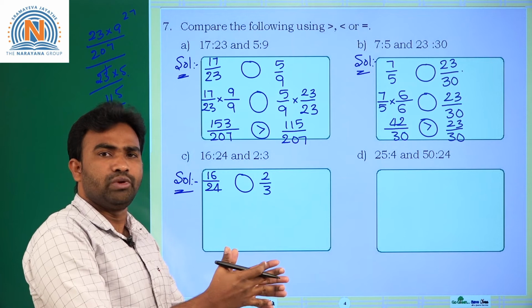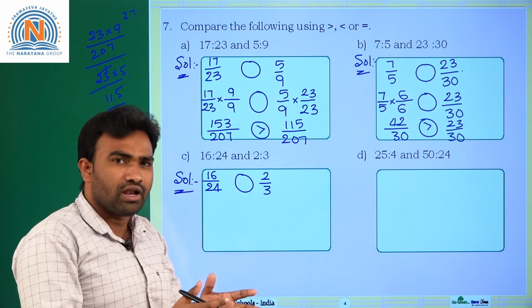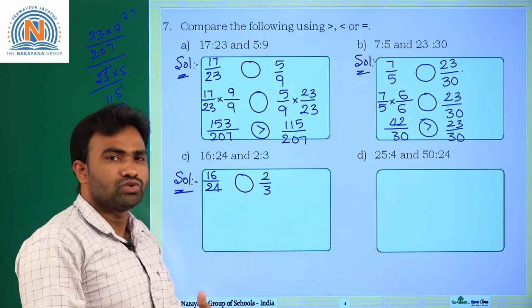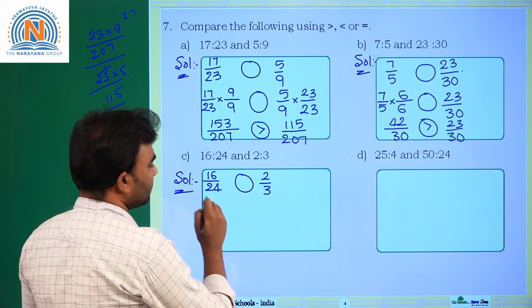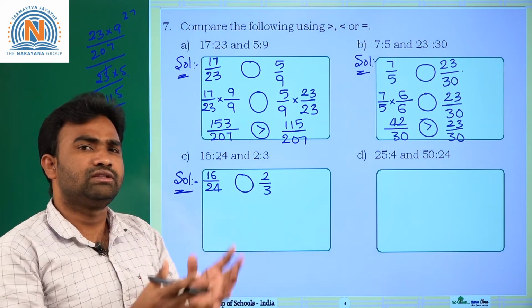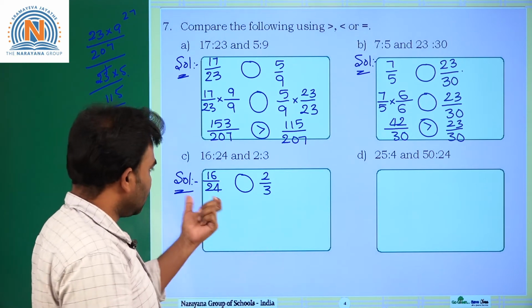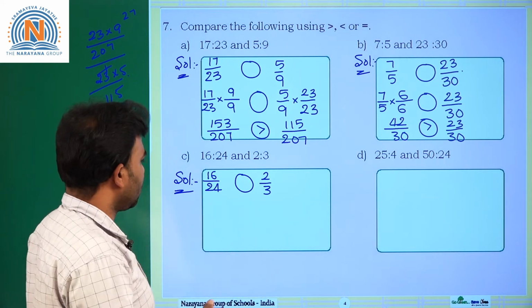To equalize the denominators. As the denominators are not equal, we cannot compare the fractions directly, right? So we need to find the LCM of both numbers. 24 and 3. See, 24 is a multiple of 3, right? So 24 can be considered as the LCM of 24 and 3.